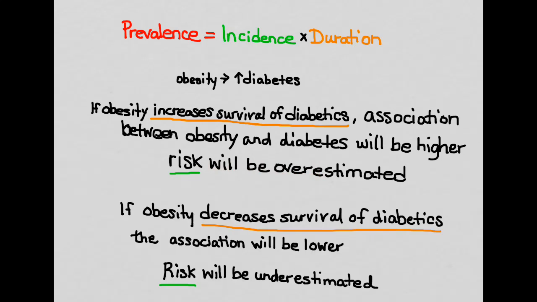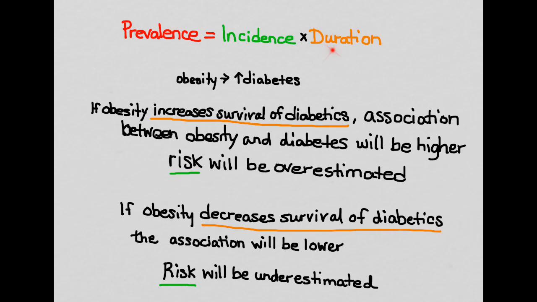And then similarly, if obesity decreases the survival of diabetics, okay, that means it decreases the duration, then the association between the exposure, that is obesity, and prevalence will be lower.